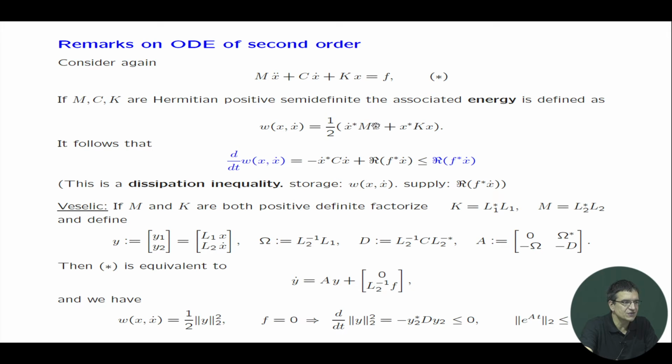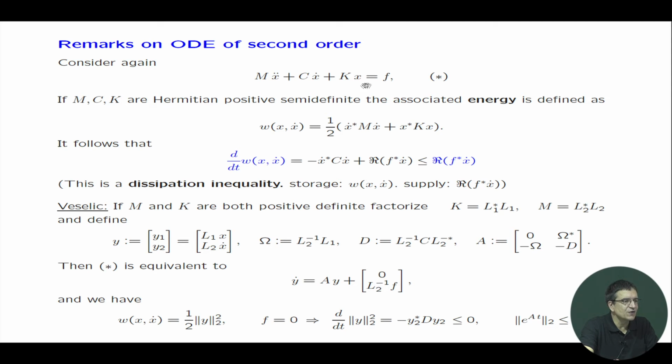This is the kinetic energy. And in the case of a simple spring, the potential energy is just 1/2 of the square of the displacement multiplied with the stiffness. Here in the middle we have the stiffness matrix. You multiply this from the left and the right with the displacement, and take 1/2 of this.